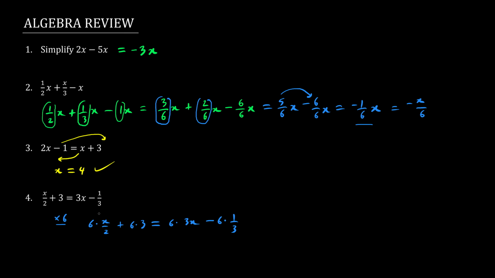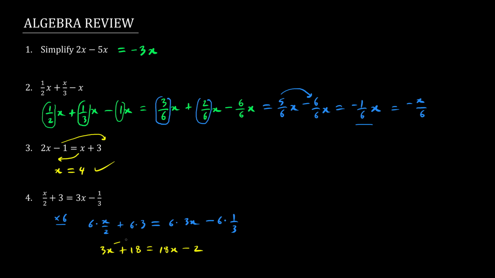So we're multiplying each single term by 6. So what we have is 6 divided by 2 is 3x plus 18 is equal to 6 times 3 is 18x minus 6 divided by 3 is 2.